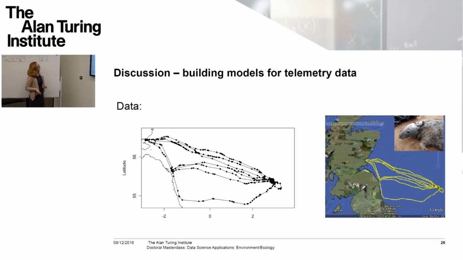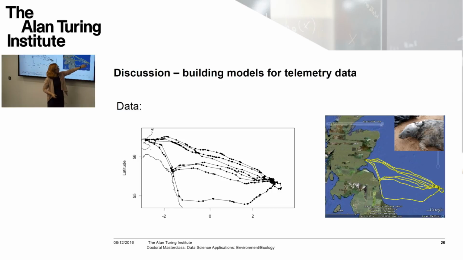I'll do a very quick one. This is another data set, a spatio-temporal individual data set. This is seals, and they tag them with GPS and let them go. That's Tentsmuir up there.